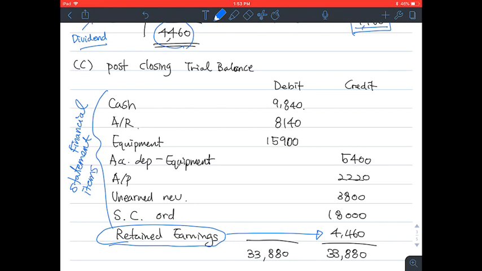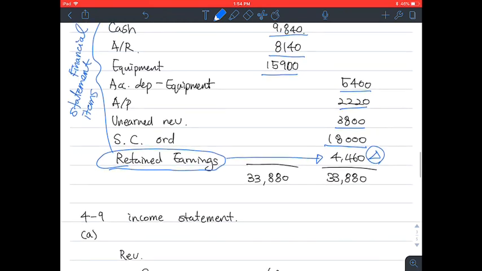So basically, in the post-closing trial balance, you will have exactly the same amount of cash from the adjusted trial balance. You will have exactly the same accounts receivable from the adjusted trial balance and so forth. And on the credit side, yes, equal. It should all equal. And retained earnings is the only difference. Okay, these numbers are all equal in the trial balance.